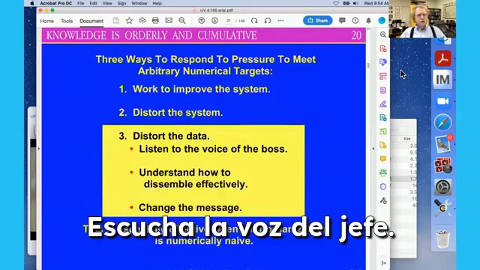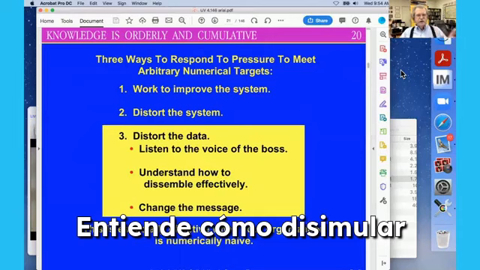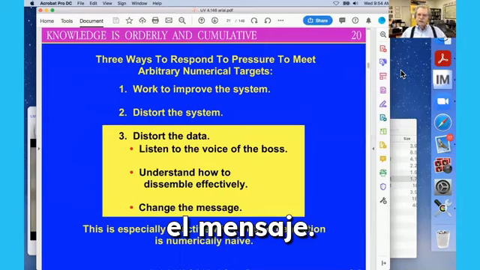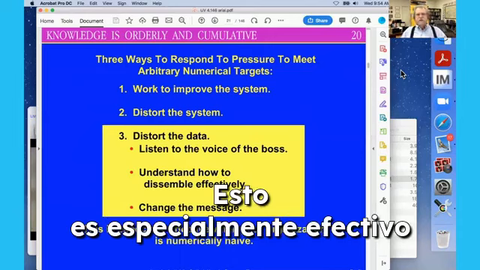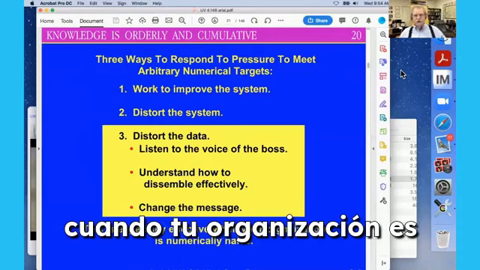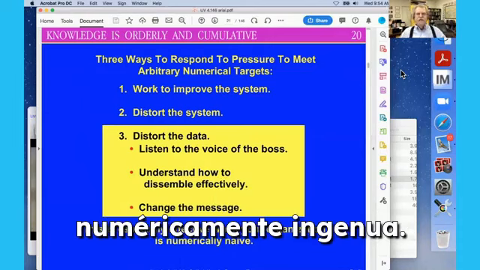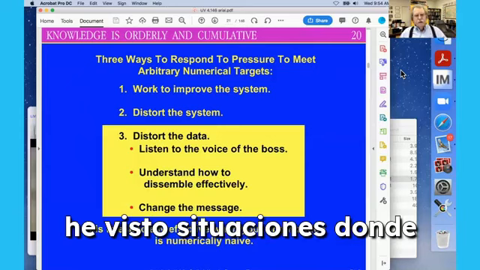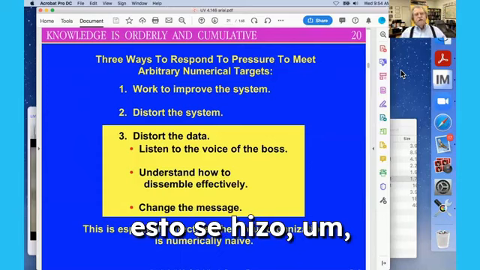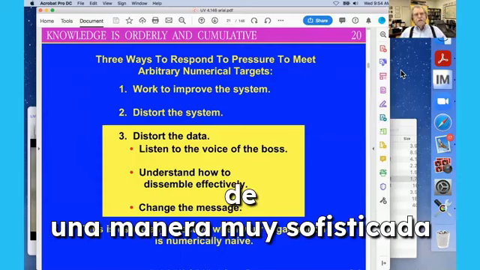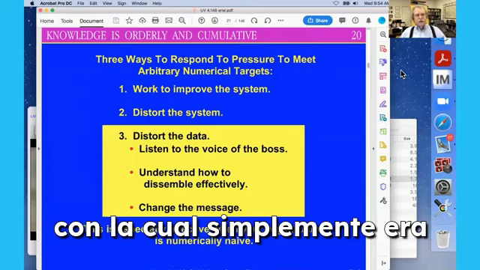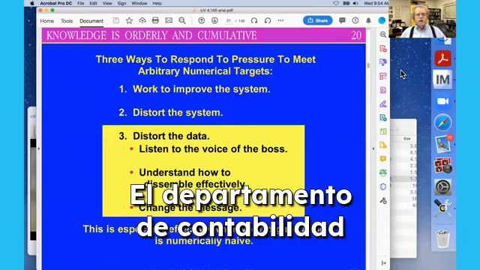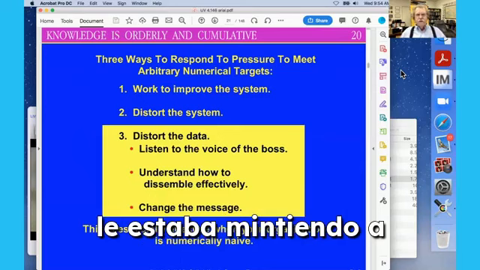Listen to the voice of the boss, understand how to dissemble effectively, change the message. This is especially effective when your organization is numerically naive. I've seen situations where this was done in a very sophisticated way, which was simply an organized way the accounting department was lying to upper management.